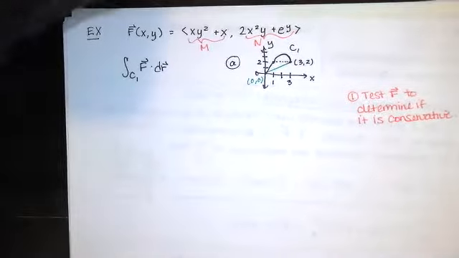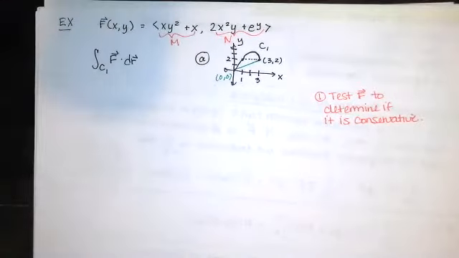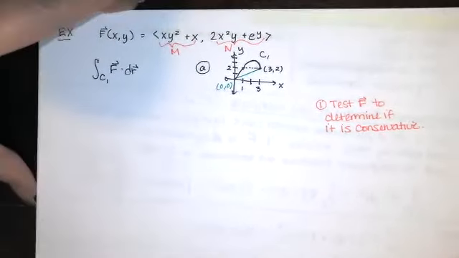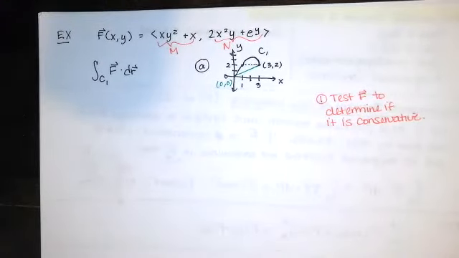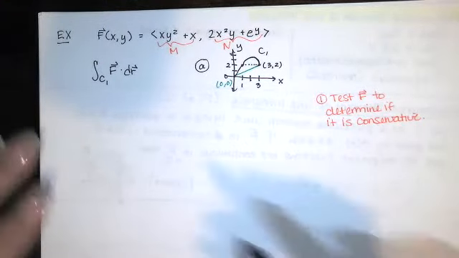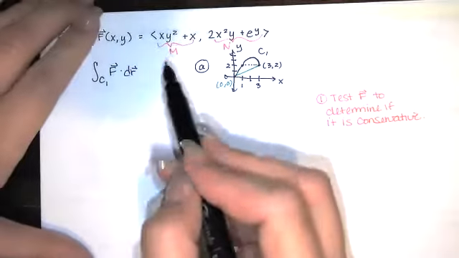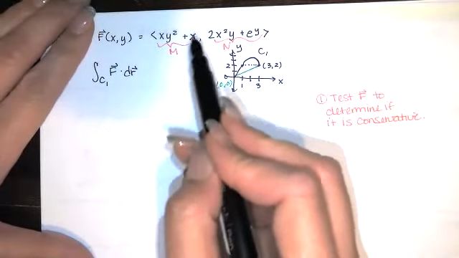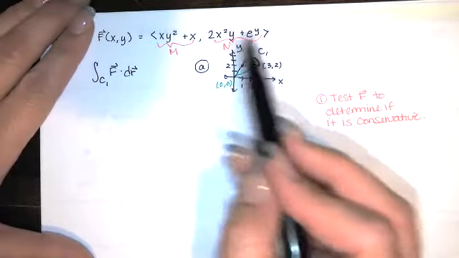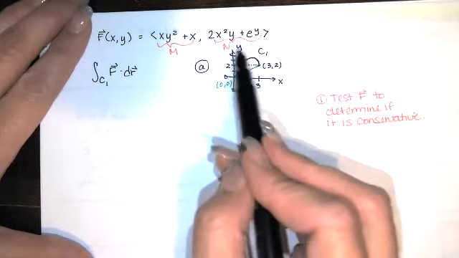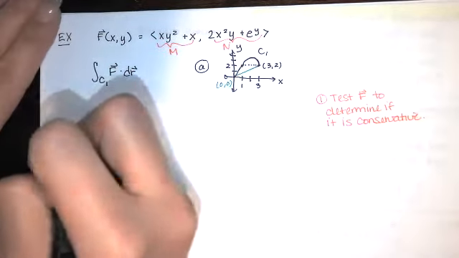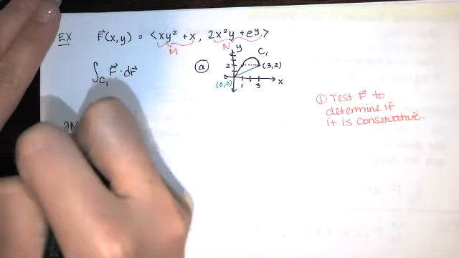Actually, I'll keep this over here and I'll move my camera. There we go. Okay, so we know this field is conservative if the partial of the x component with respect to y is equal to the partial of the y component with respect to x. So let's compute those.